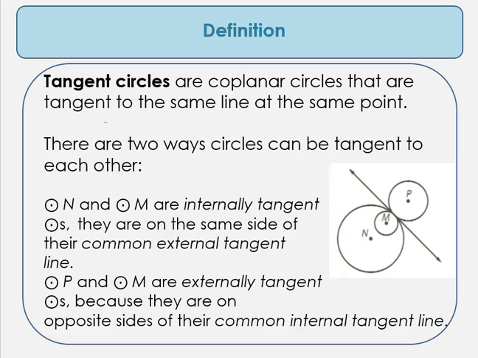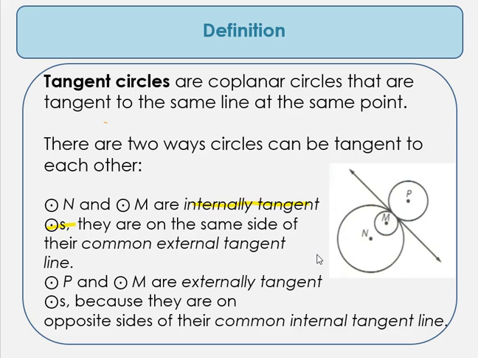They're both on, and I'm just going to say this, it doesn't truthfully apply, but on the left side of the line. And they are called internally tangent circles. So they're considering this to be inside of the line.